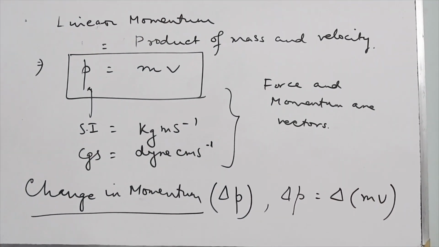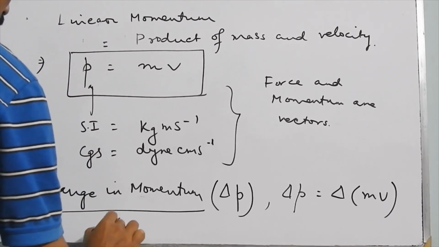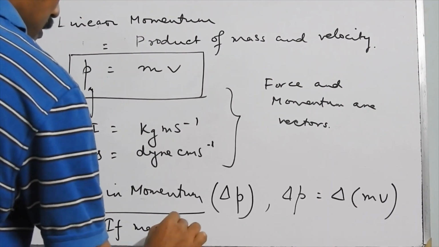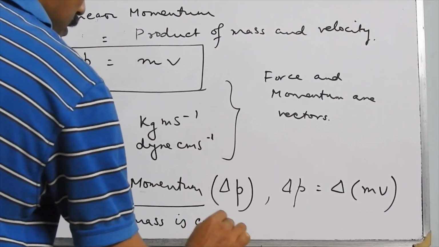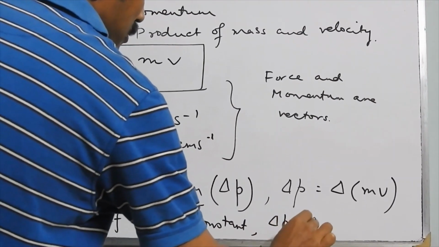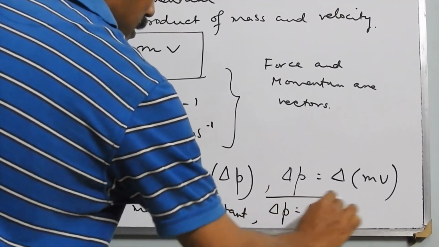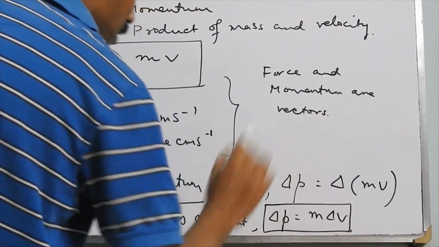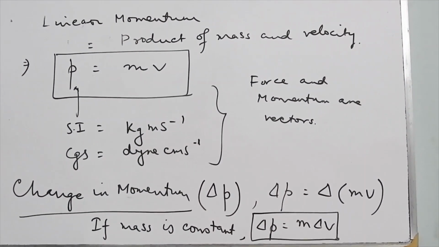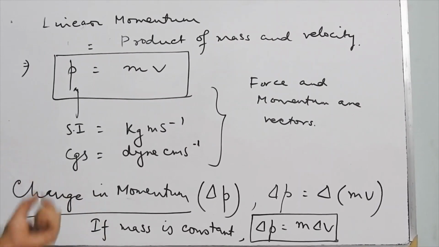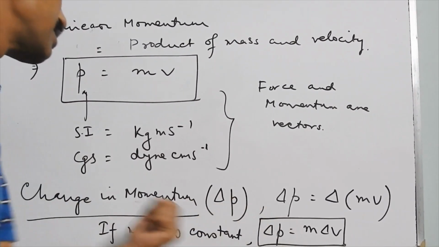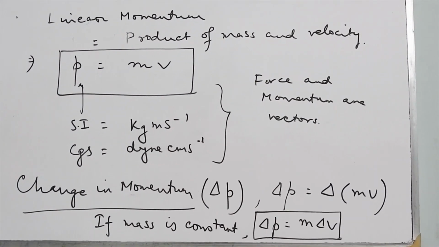Now if mass is constant, if the mass does not increase or decrease with time, then it is quite easy to say that change in momentum is equal to mass into change in velocity. Now this is what makes our mathematical analysis more simplified. But still I will show how mass changes with time and what is the effect of the change in mass associated with the change in momentum.